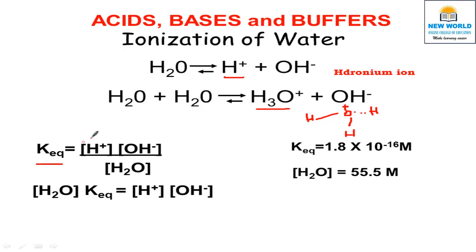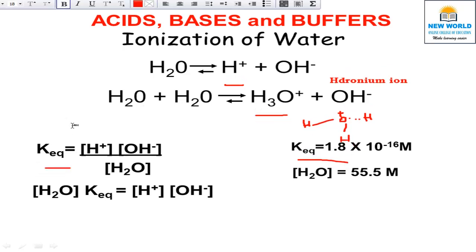To quantify, we have to find the position of equilibrium. So this value, K equilibrium, will tell us where the equilibrium is. It's the reaction quotient, the concentration of the products divided by the concentration of the reactants. The equilibrium constant can be obtained from measurement of electrical conductivity.